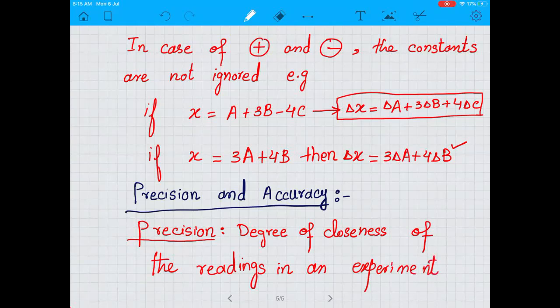So how close the readings are with each other is called the precision of the experiment. So if you are getting the same value again and again, then you are precise. Your experiment must not have fluctuations.